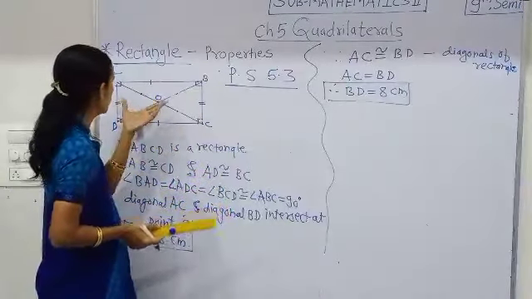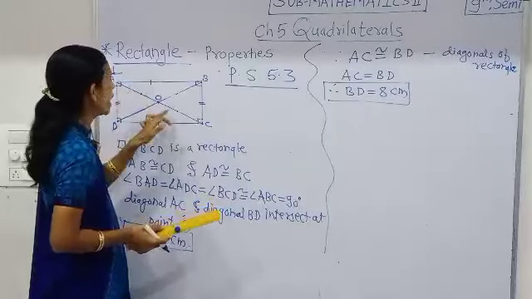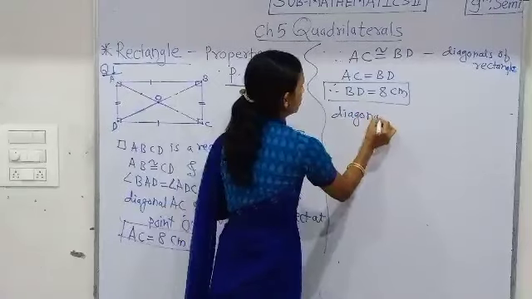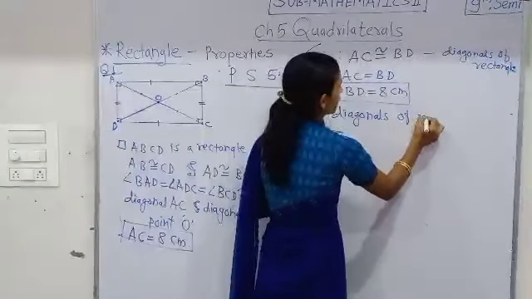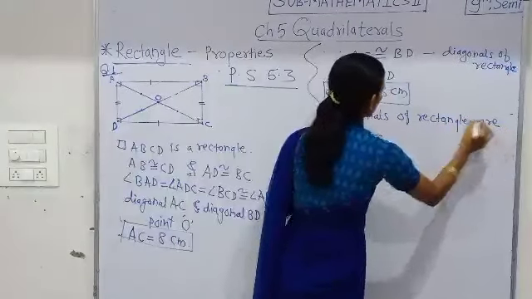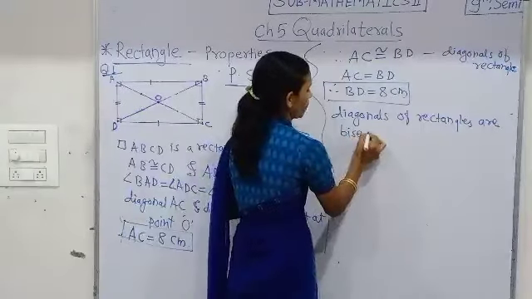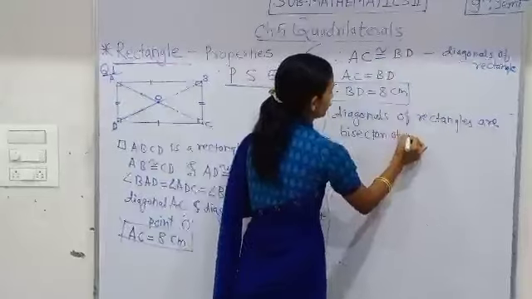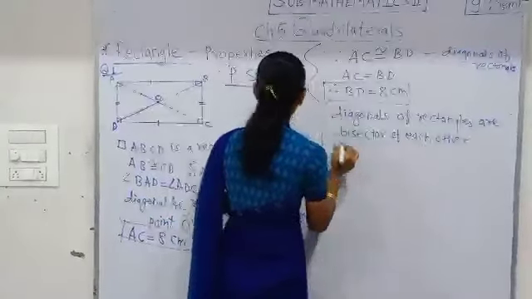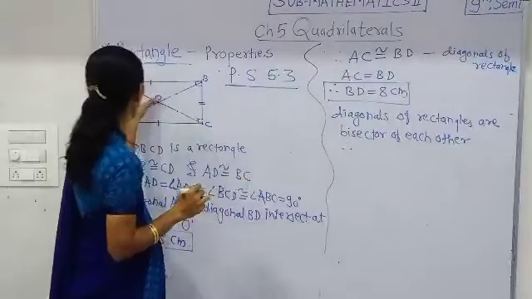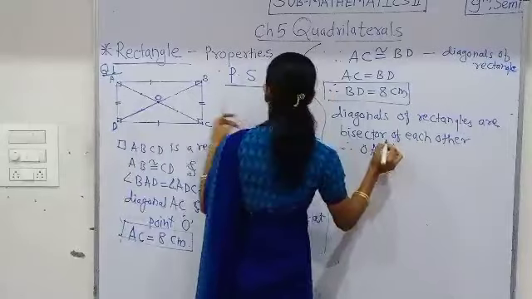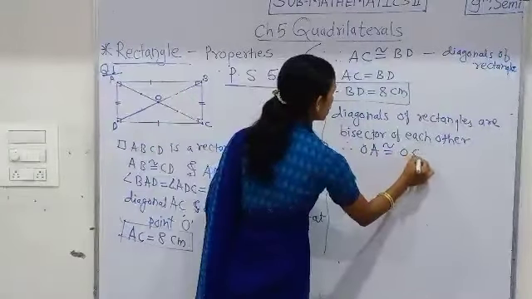And as we know, the diagonals of a rectangle bisect each other. Therefore here we can write that OA is congruent to OC.